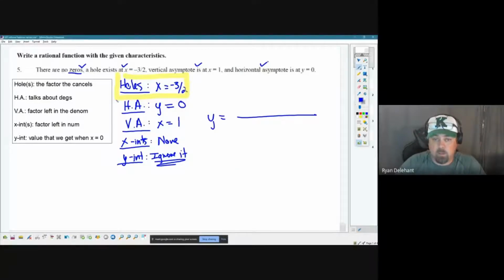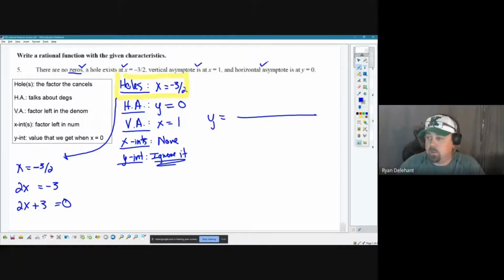So if we take this hole, we see that we have x equals -3/2. I need to solve that for 0 so I can figure out the factor that was supposed to go back in there. So I need to multiply this 2 over, add this 3.